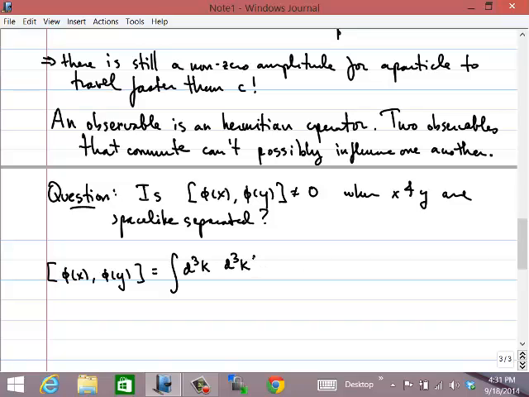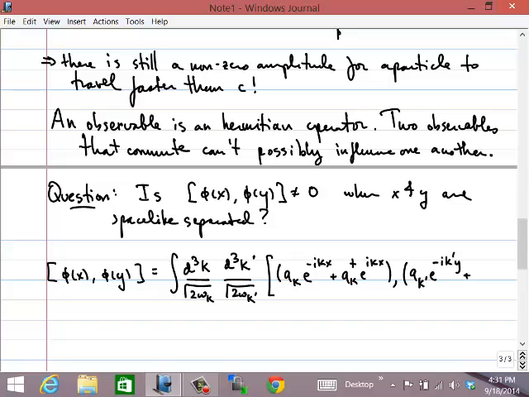So to see that, let's compute this using the expansion of phi of x and phi of y in terms of their Fourier coefficients. So we have a_k e^{-ikx} plus its Hermitian conjugate, and then we have its commutator with the same thing at k prime and position y.